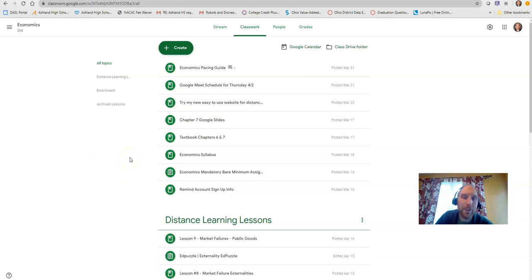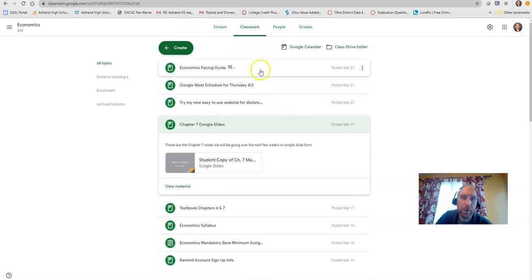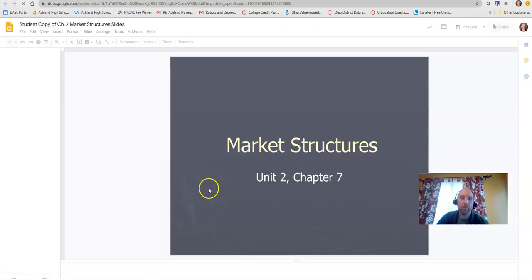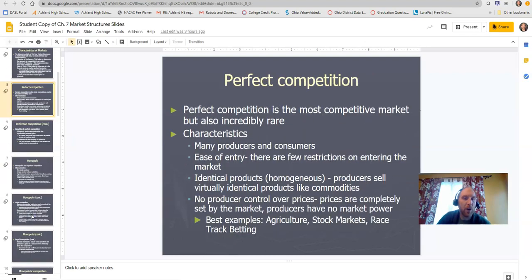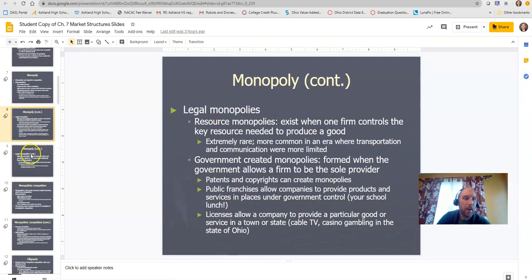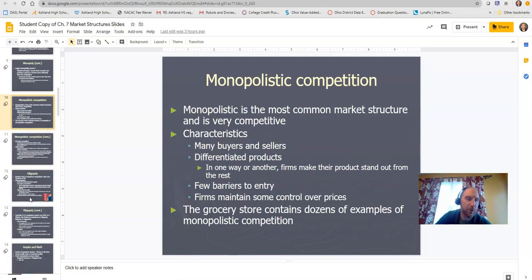I also want to remind you that I do have here in our Google Classroom a copy of our Chapter 7 slides that I've been doing. In those slides, I've embedded different YouTube videos to help explain some of the concepts. A lot of them, like market structures, are pretty straightforward: this is what a market structure is, these are the characteristics.